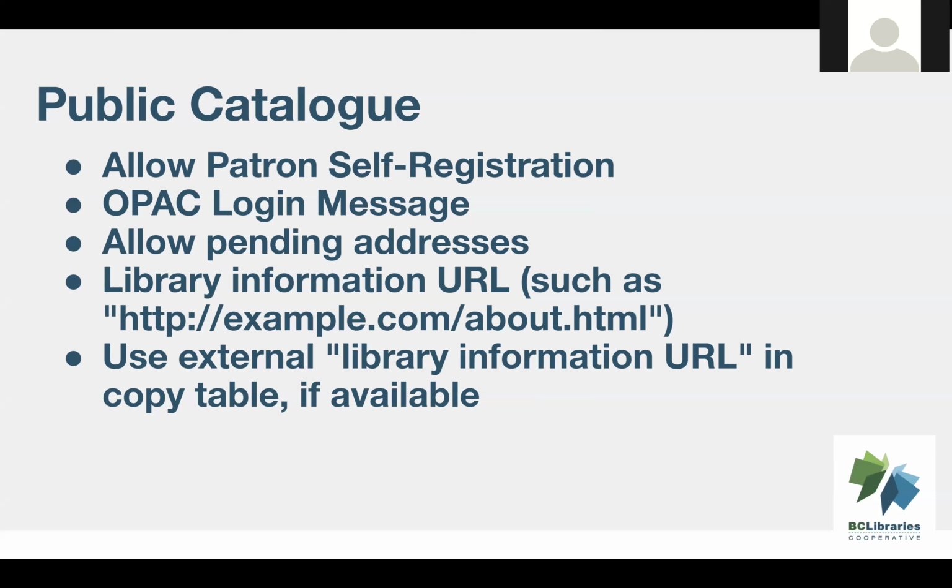So if you have a page on your website that you'd rather people be taken to than the one that Evergreen generates out of the information, you can put that URL in, and then you can set the setting, use external library information URL in copy table if available to true. And that means when patrons click on that, instead of going to the Evergreen link, they go to the one specifically on your site. So I'm just going to stop the slideshow here.